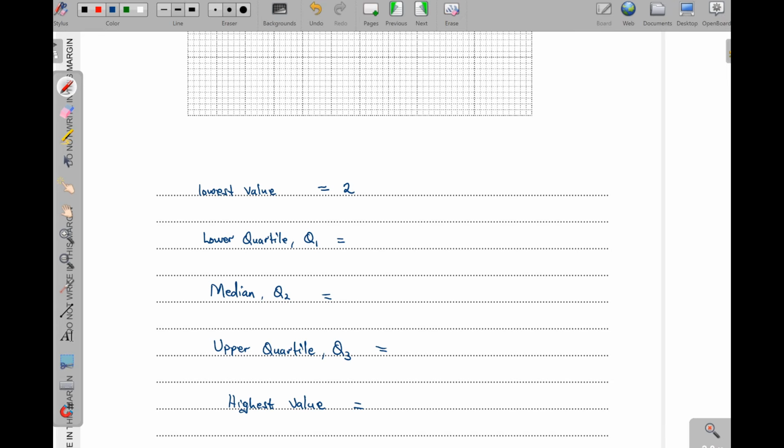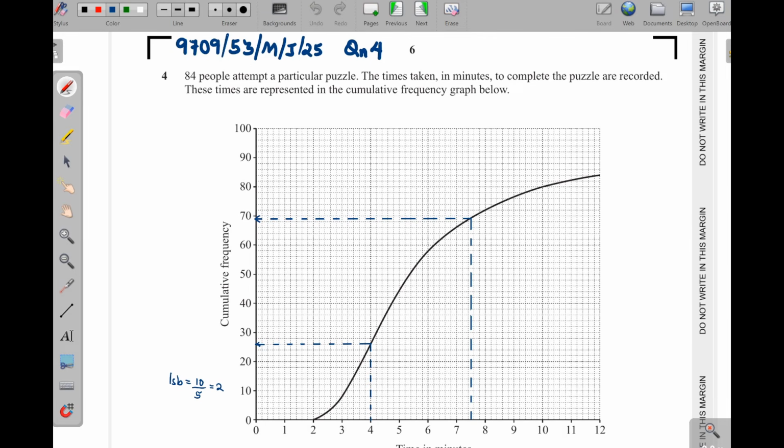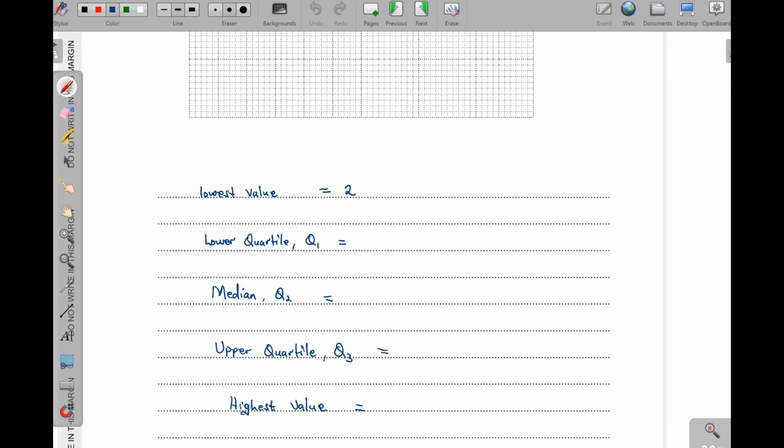And then quartiles. The quartile is the number that divides the given distribution into 4 equal parts, right? So how many people do we have? There are 84. So we shall have a quarter of 84, and of course 4 goes into 8 twice, so that is 21.